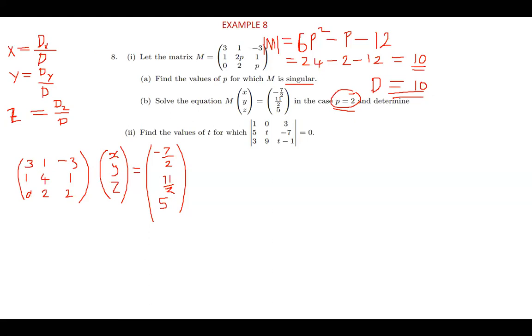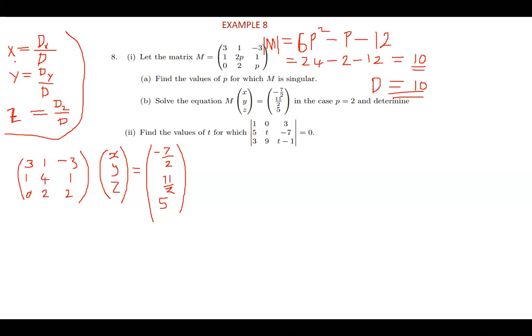So since we now know the expressions for Cramer's rule, which are these here, and we've already found D, which is here, which is 10, what we just need to find is Dx, Dy, and Dz. So how do you do that?